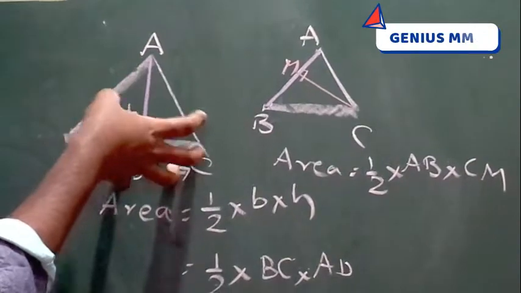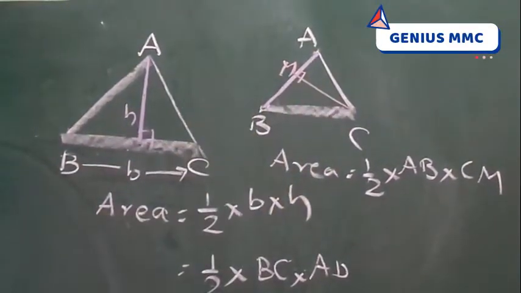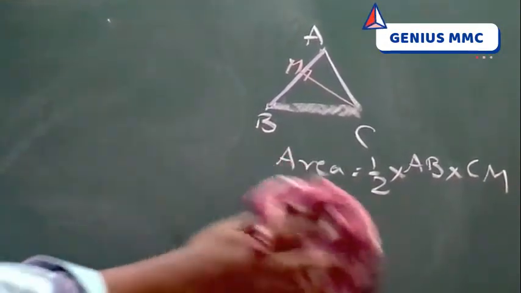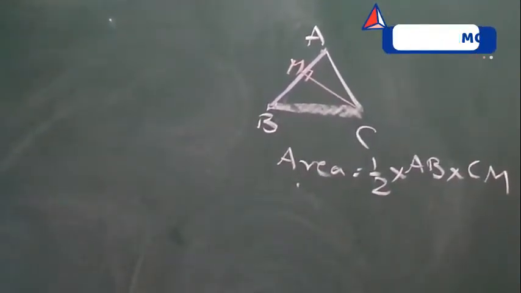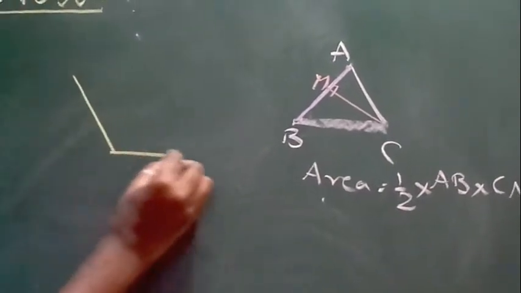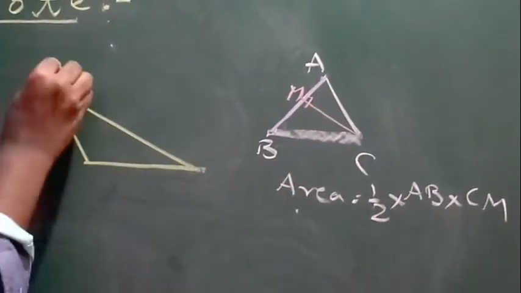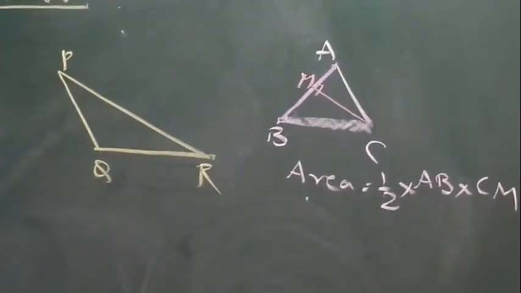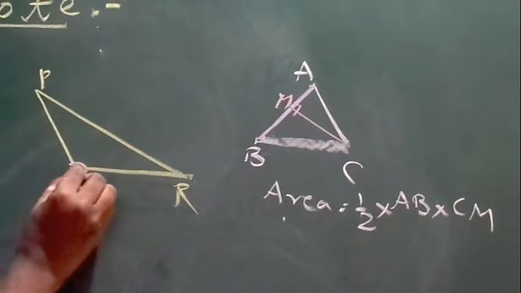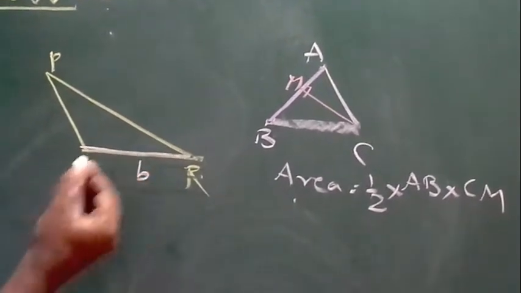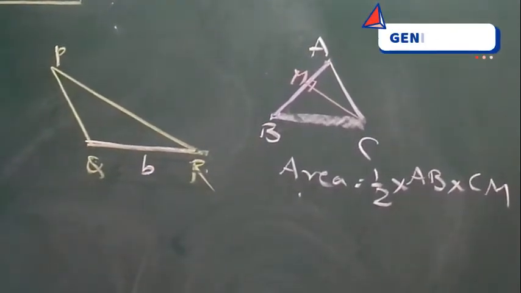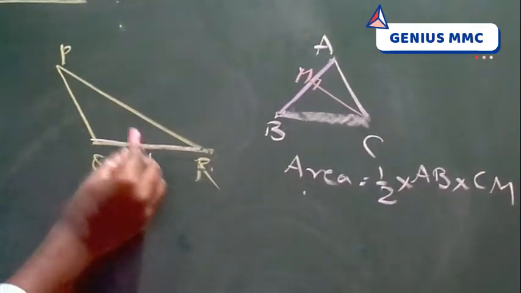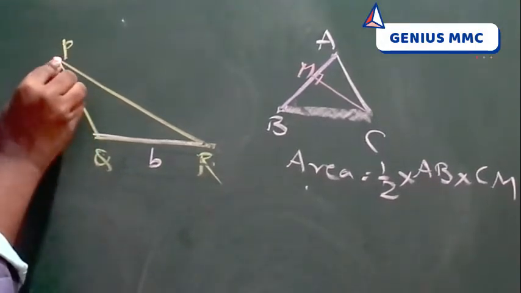Whatever we try, it is half into base into height. So what about the case of an obtuse angle triangle? See, I will draw a triangle like this: P, Q, R. Here let us take QR as the base. Height means altitude, it is perpendicular. The opposite vertex is P. So you draw a perpendicular like this.